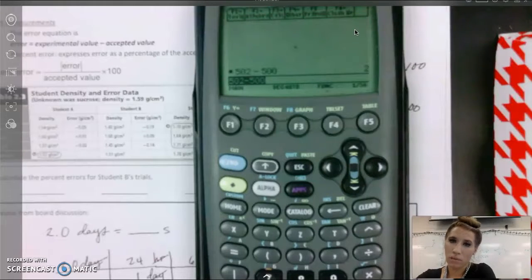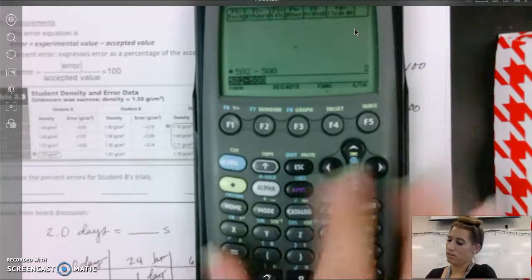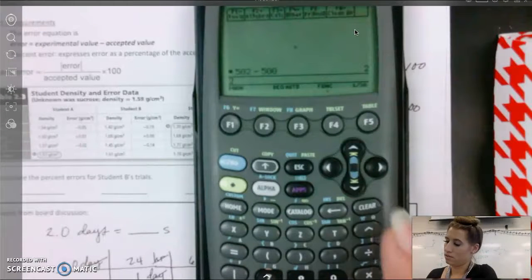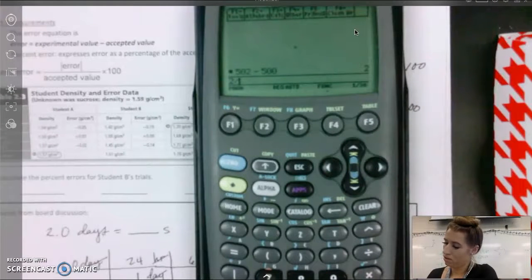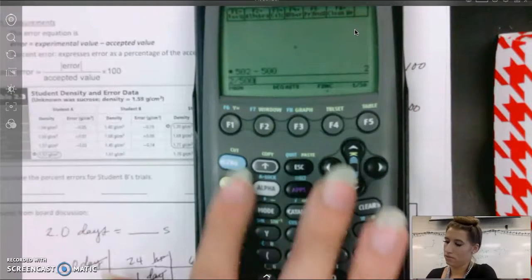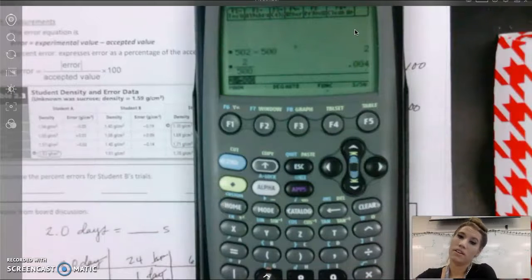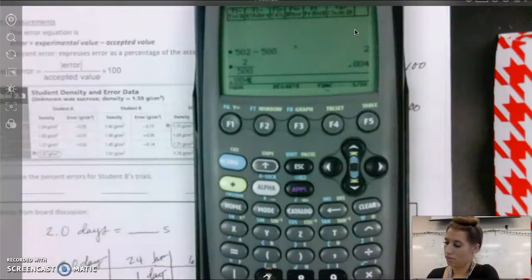So that's what's on top of my fraction. It's not a negative, but if it was, it's an absolute value. So we would change it to a positive. And then we're going to take that and we're going to divide it by the actual, which is 500. Okay. And then the last step here was multiplying that value by 100.